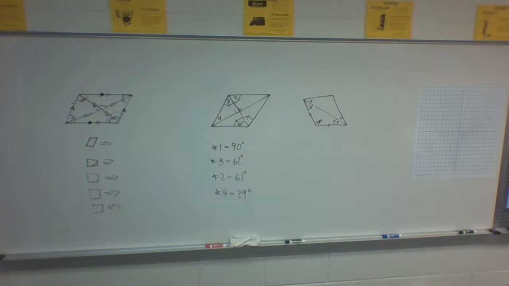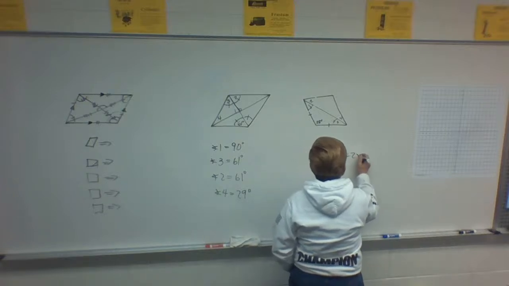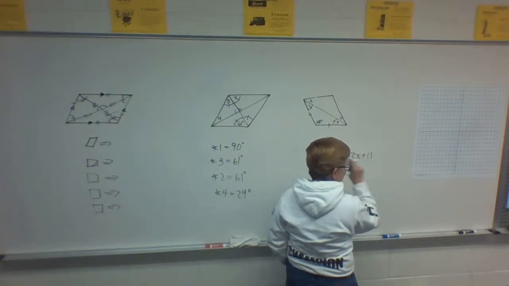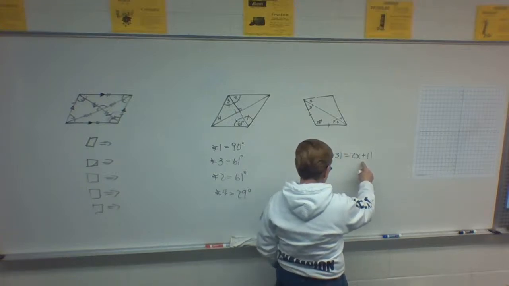But they told us it was a rectangle, which means that QS has to equal RT, right? Allowing us to write the equation, 5x minus 31 equals 2x plus 11. That we know as a fact because they told us it was a rectangle, and these two things are diagonals. It means they have to be the same.